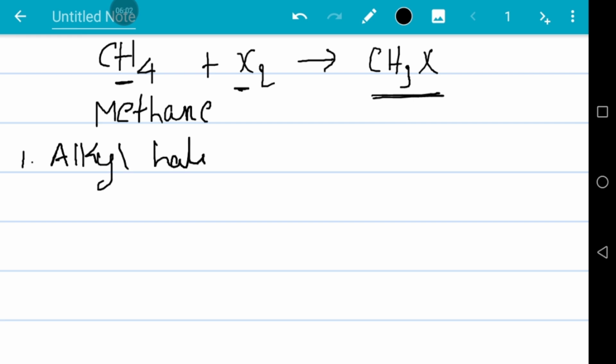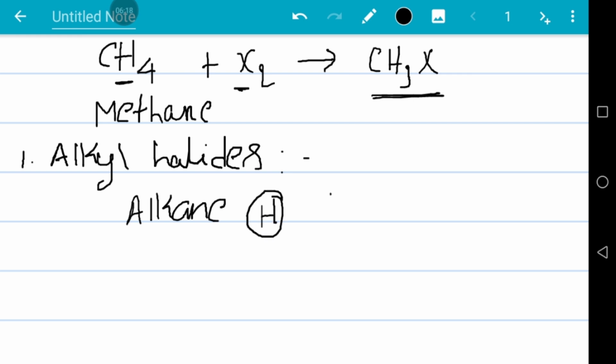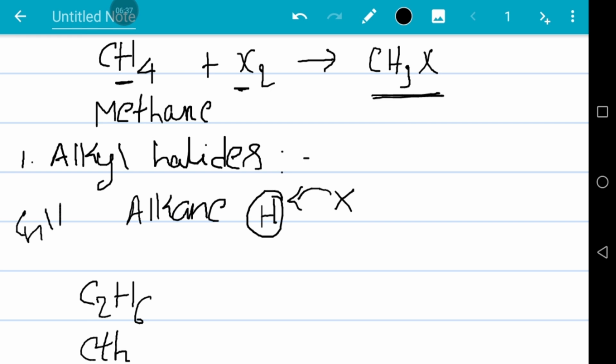Alkyl halides means in an alkane, hydrogen is replaced by the halogen, then we get the alkyl halides. For example, C2H6. What is the name of this? Two carbons are there, so eth, and this is the formula according to the alkane general formula CnH2n+2. Here, how many carbons are there?